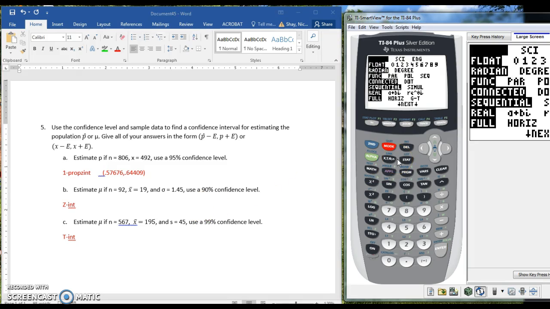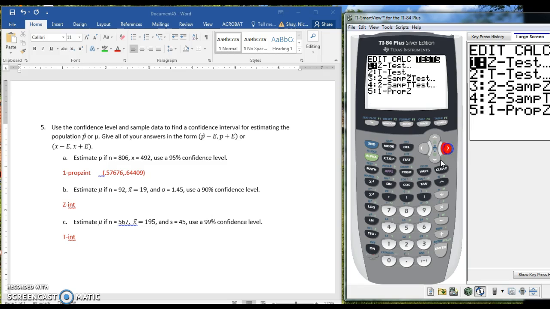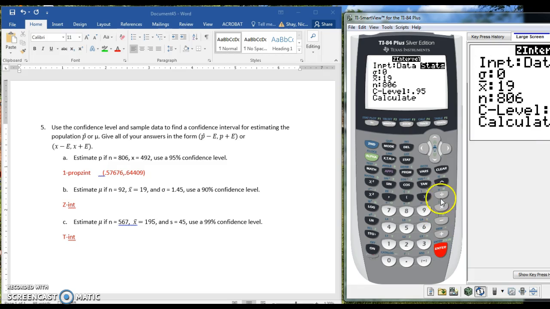All right, so now let's keep moving. Let's do another one of these. This time we're going to use the Z interval, so we're going to stat. We're going to go over to test. Again, this is where all your intervals are. This is where the stuff in Chapter 8 and 9 is too, so don't forget about this. So for Z interval, we're going to select this one. Make sure you have stat selected. First thing it wants is our population standard deviation, which is 1.45. What was our sample mean? Our sample mean was 19, and the number sampled was 92.